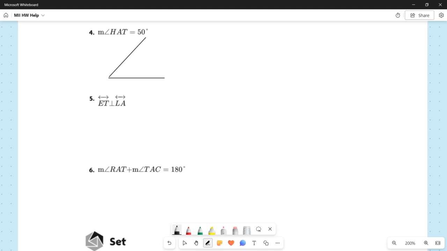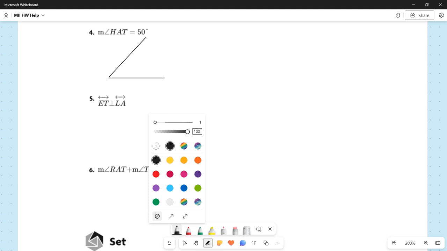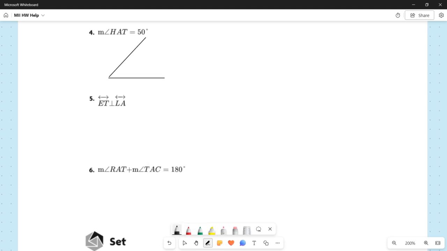And we're going to have to label some things here. So if we're talking about angle HAT, the part of this that we're locked into, we're going to have 3 points here. So 1, 2, 3.